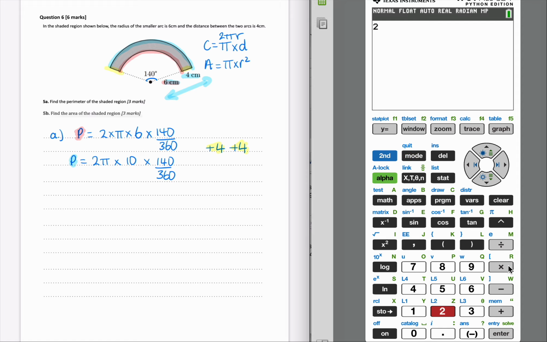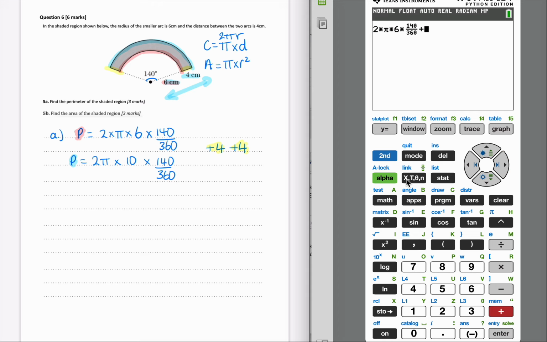We have 2 times pi times 6 times 140 over 360. So that's the first one.